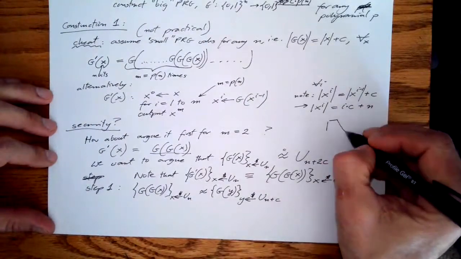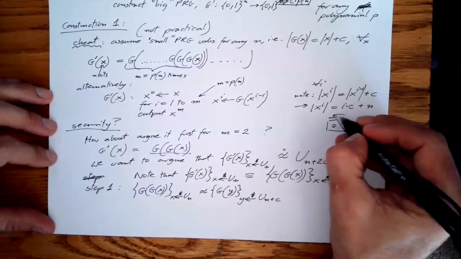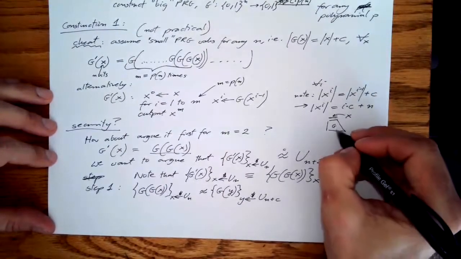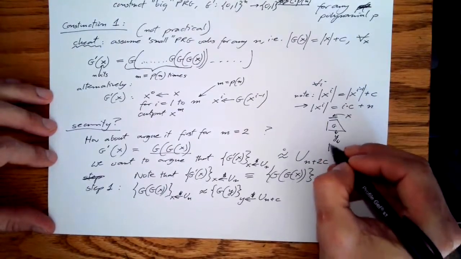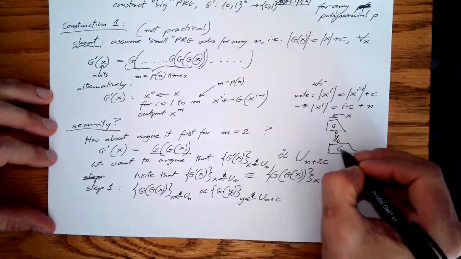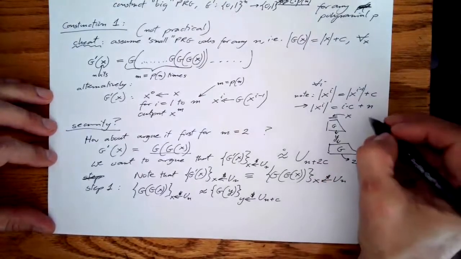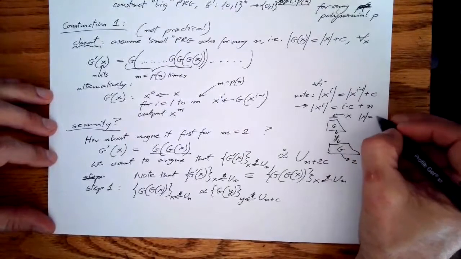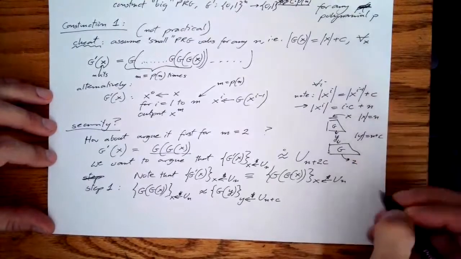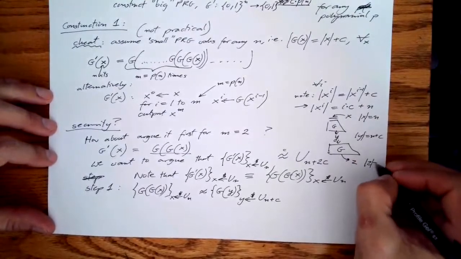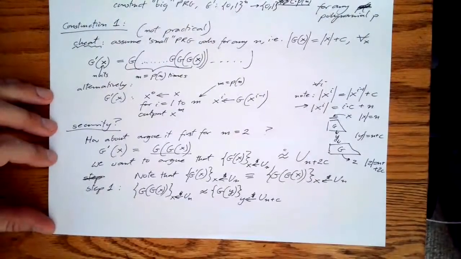Pictorially, I'm putting my x in here, and I'm outputting y, and I'm putting this y into a bigger G output, and this is my string z. So x has n bits, y has n plus c, z has n plus 2c.